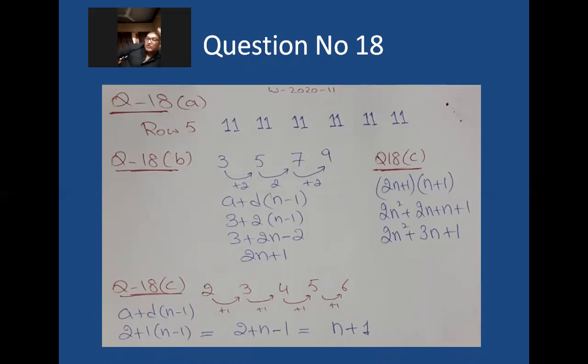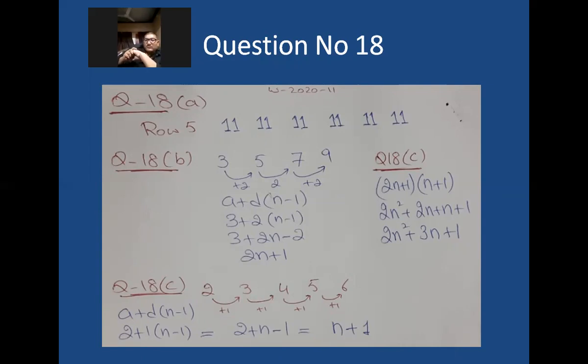So multiply both of them. So 2n multiply with n, it will be 2n square. 2n multiply with 1, it will be 2n. Then 1 will multiply with n, that will be n. And 1 will multiply with 1, and that will be 1. So you will have 2n square plus 3n plus 1. So this is how you will find the sum of that sequence.